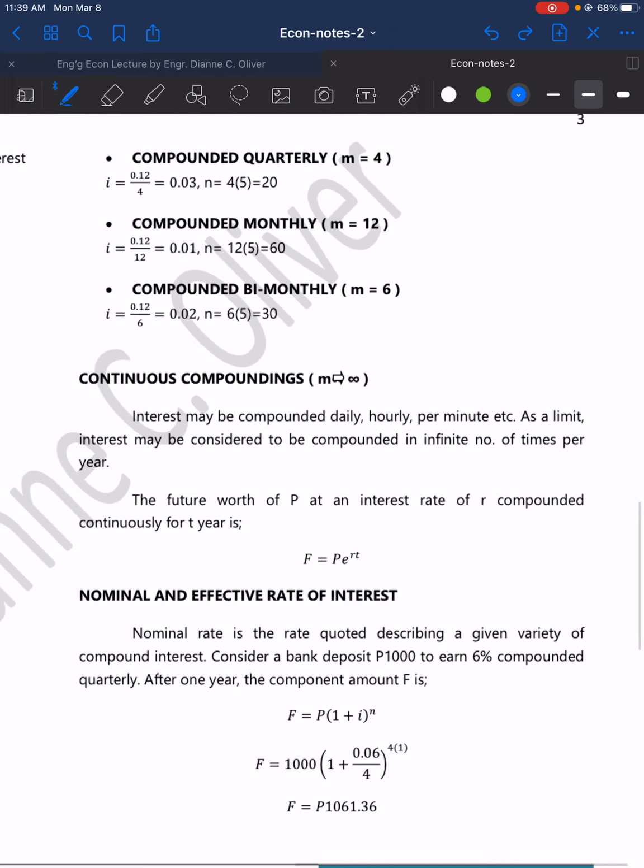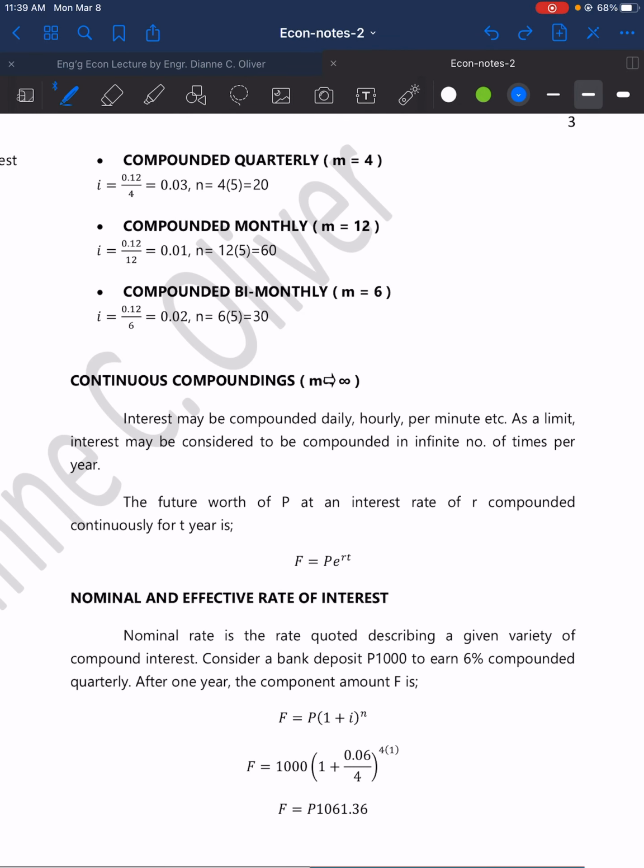For compounded quarterly, we have m is equal to 4. That's why our i becomes 0.12 divided by 4. Our n becomes 5 years times 4. For compounded monthly, m is equal to 12.